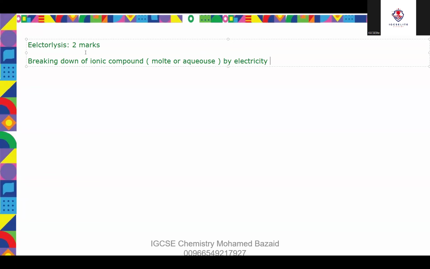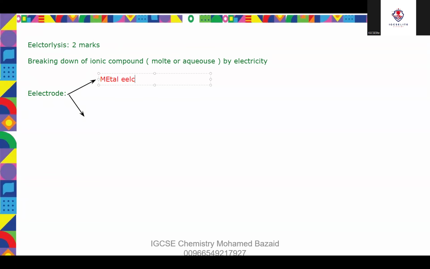After that, I talked about electrodes. How many types of electrodes do we have? We have 2 types. What are these 2 types? Metal electrode or non-metal electrode. So what is a metal electrode?